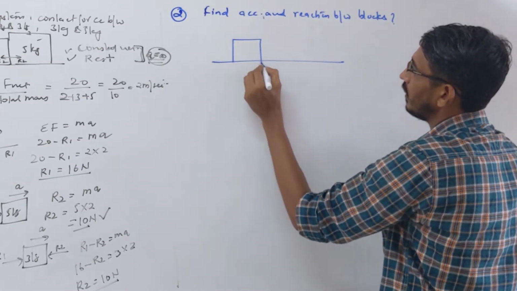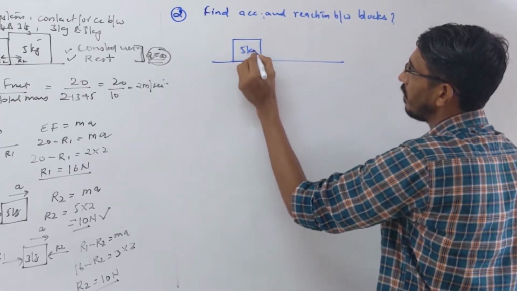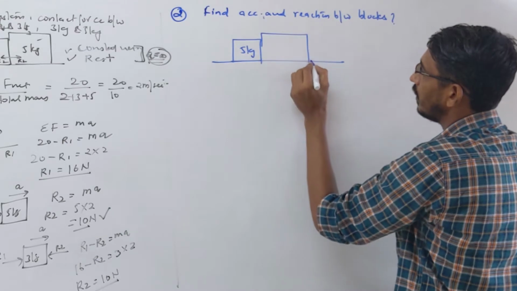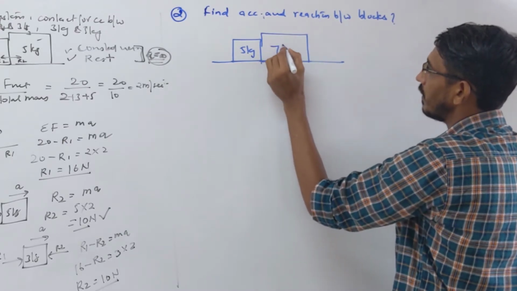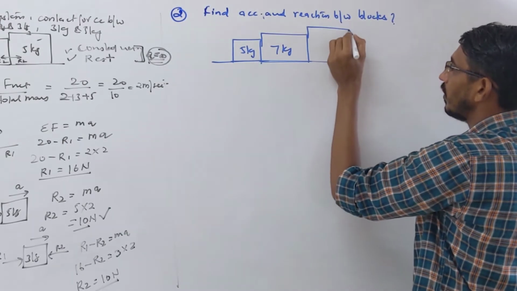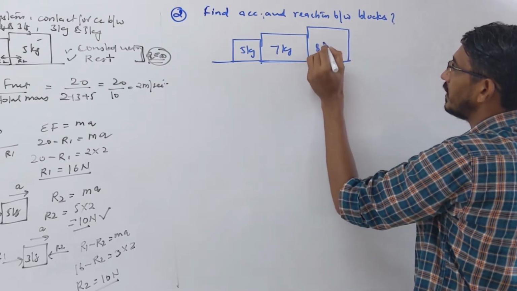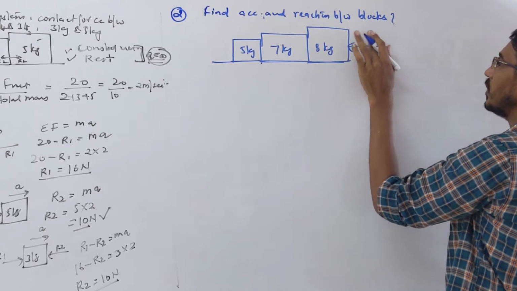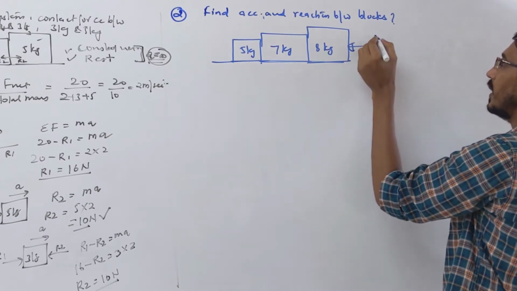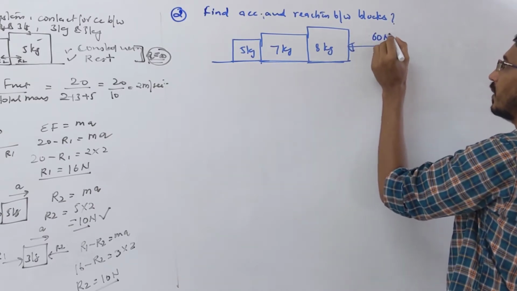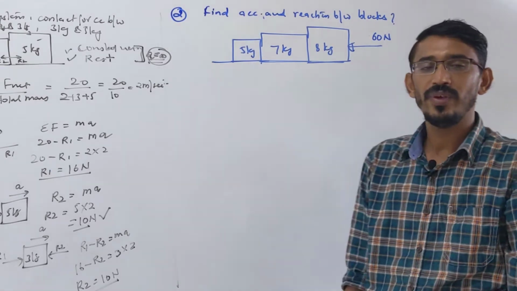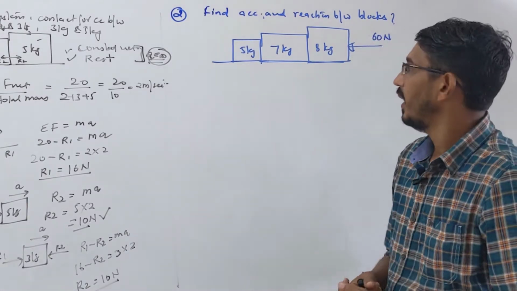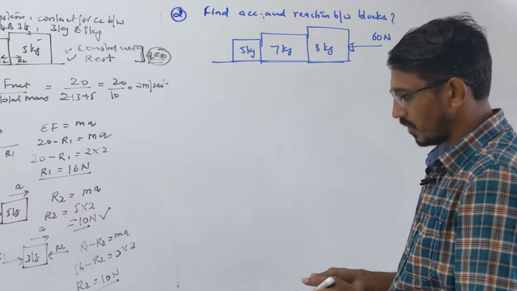There is one block here, let us say a 5 kg block, another block here, let us say a 7 kg block, another block here, say an 8 kg block. Some force is applied here, let's say 16 Newton. We have to find the acceleration of the system and the reactions between these surfaces.